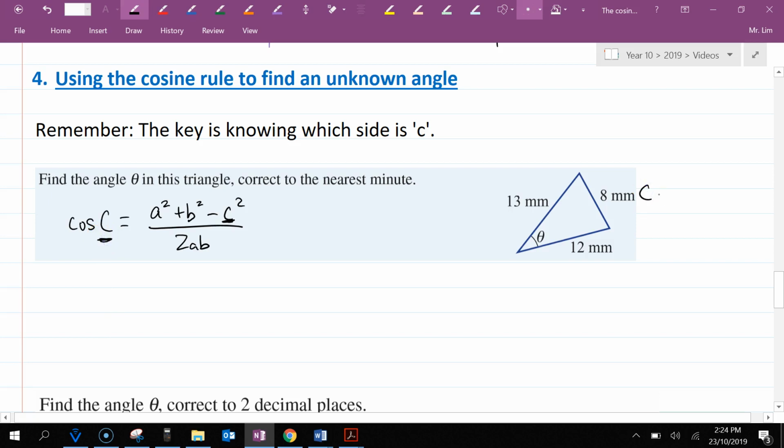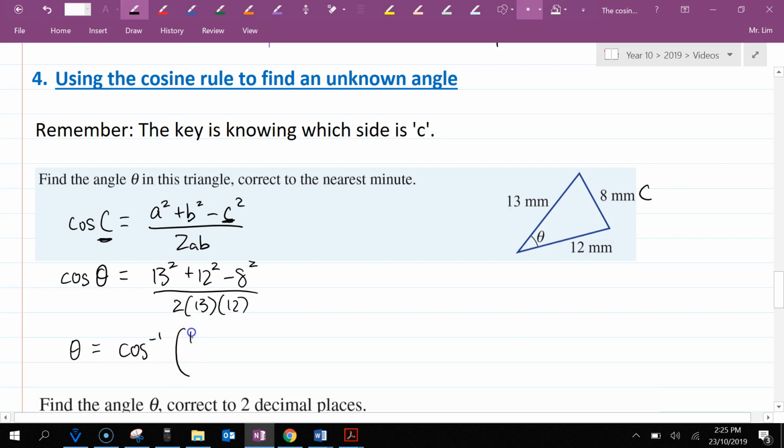It doesn't matter what a and b are. So cos of theta is equal to 13 squared plus 12 squared minus 8 squared all over 2 times 13 times 12. So theta is equal to the inverse cos of all of that.